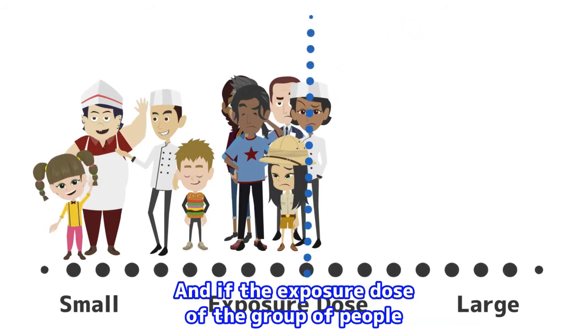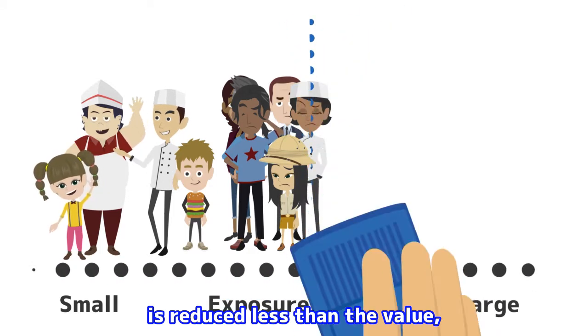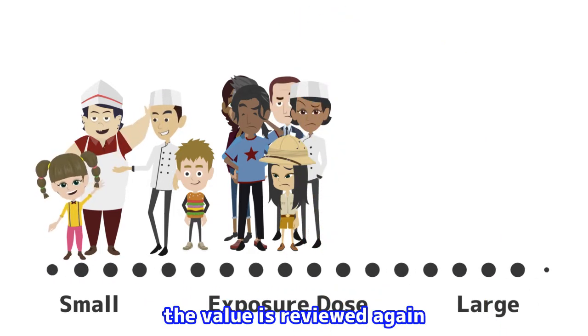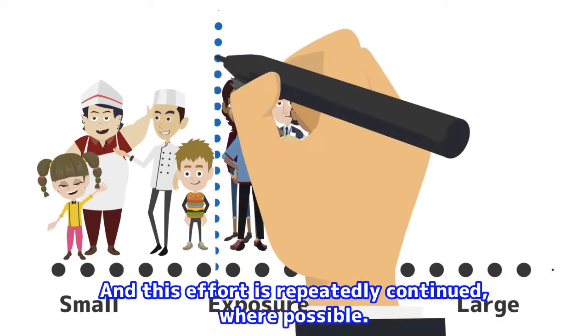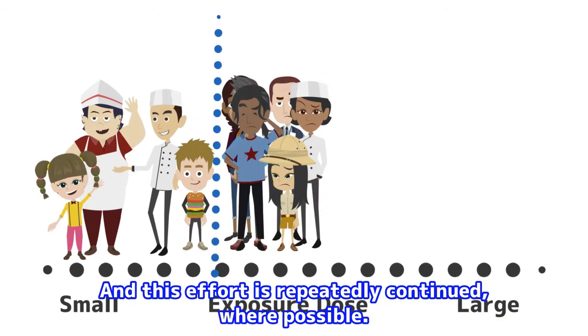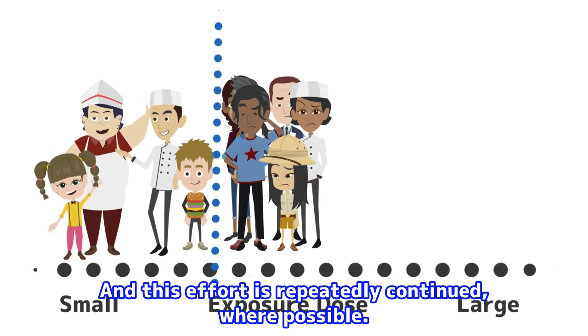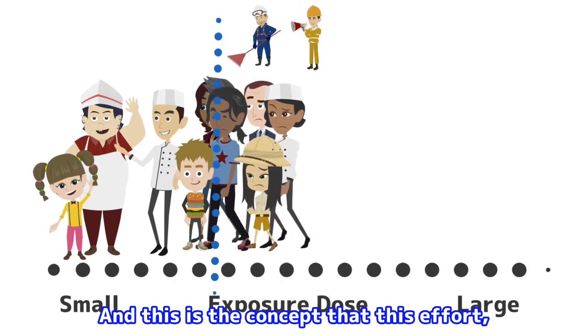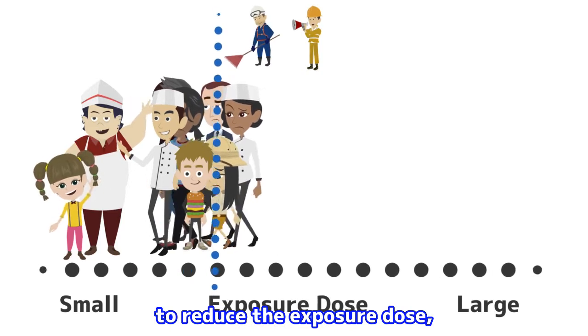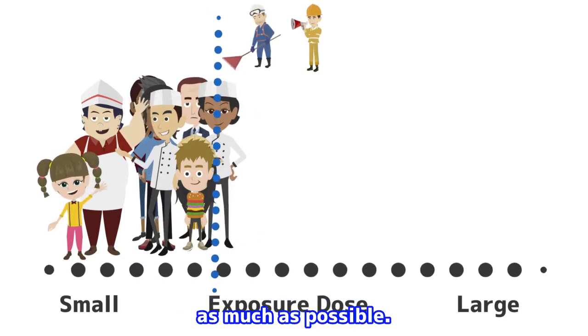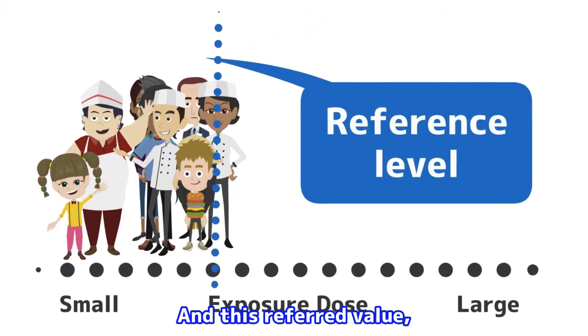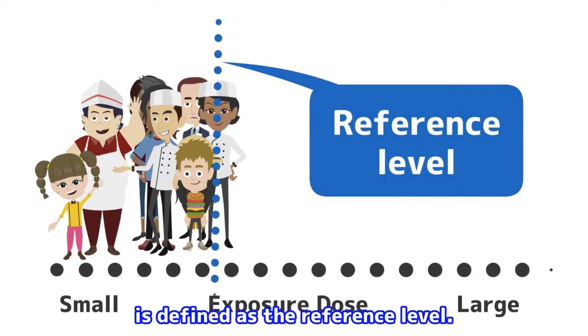And if the exposure dose of the group is reduced below the value, the value is reviewed again and reduced as low as reasonably achievable. This effort is repeatedly continued, where possible. This is the concept that the effort to reduce the exposure dose is iteratively continued with further measures, as much as possible. And this referred value is defined as the reference level.